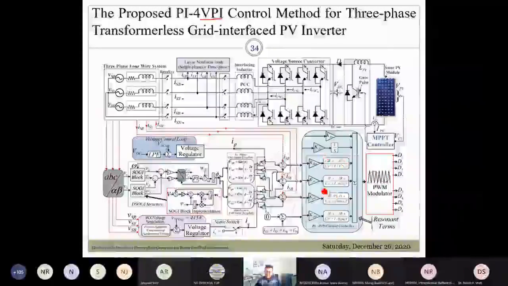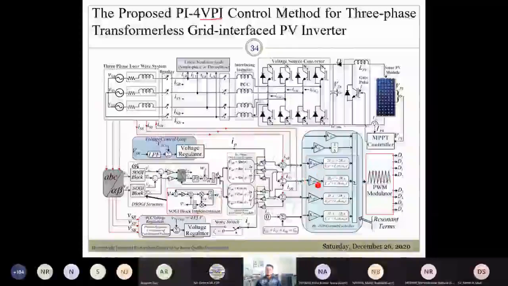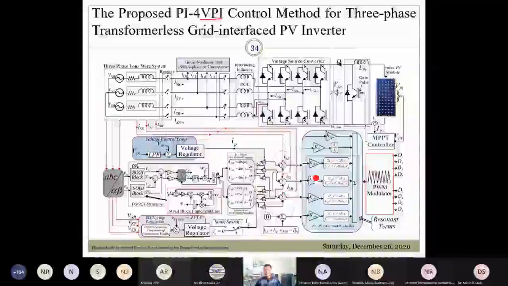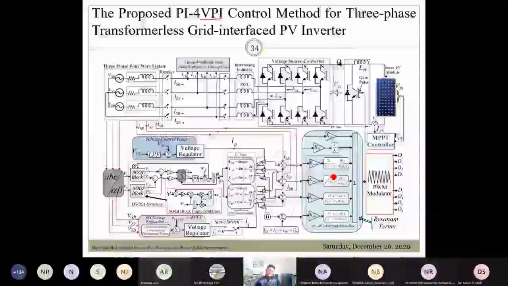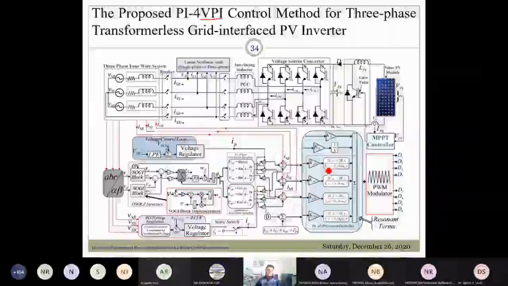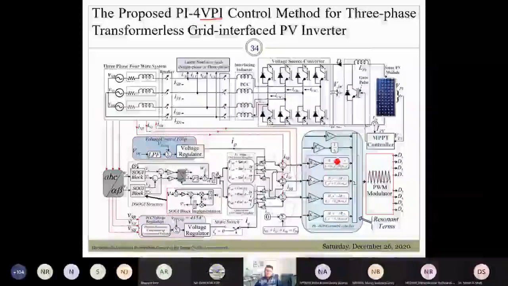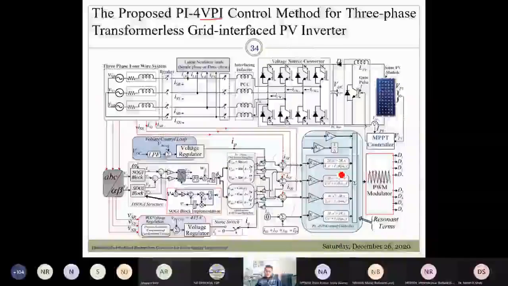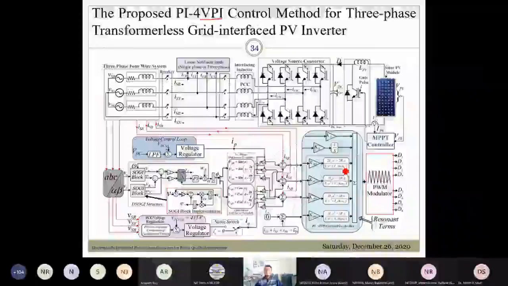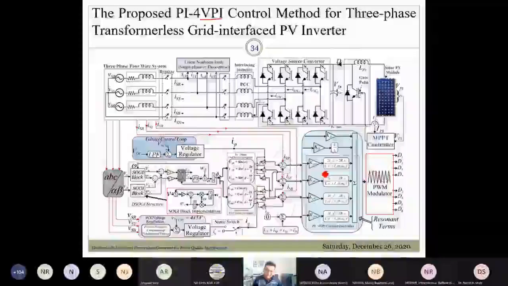Conventionally, researchers have used the PI controller to track the AC current magnitudes. However, it results in a steady state error. So to avoid that, researchers have replaced the PI controller with the PR controller, that is, the proportional resonant controller. What is the characteristic of the proportional resonant controller? It offers a generic solution to this problem: it provides an infinite gain at the resonant frequency of interest.